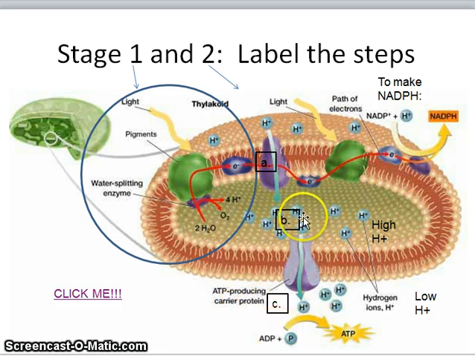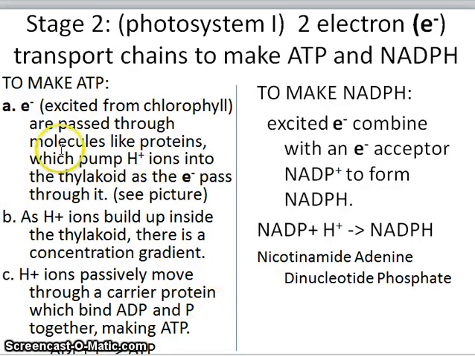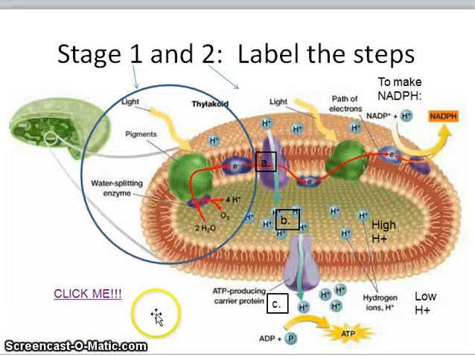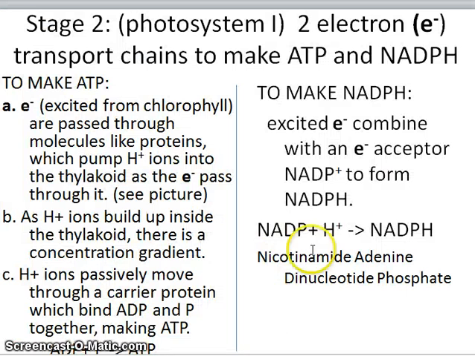So to say it again, when hydrogen ions pass through from high to low, this protein actually creates ATP from ADP and a free phosphate. So that's A, B, and C, as you can label it, C right here to describe it. Now, that's how to make ATP in stage 2 of photosynthesis.